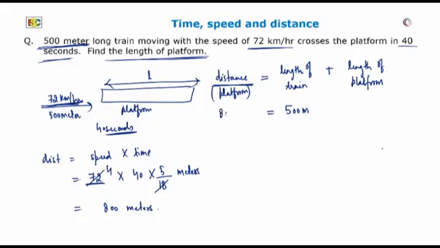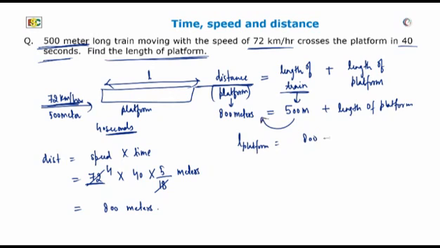So distance covered by train is 800 meters, length of train is 500 meter, so we can easily calculate the length of platform, and that will be equal to 800 minus 500 meter, that is 300 meter, which is our answer.